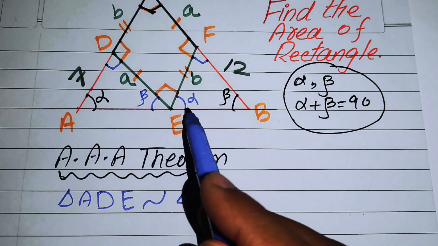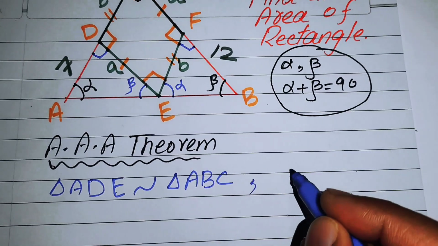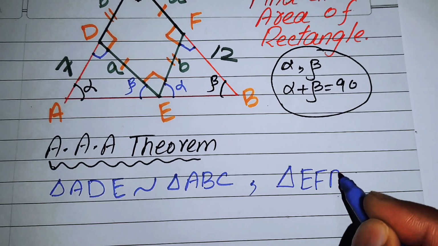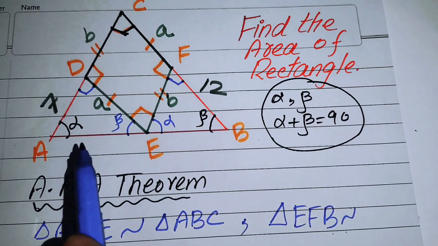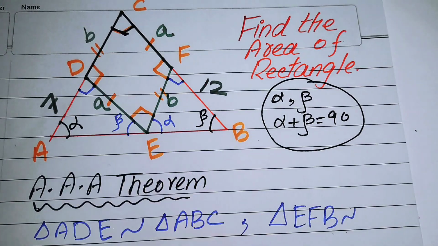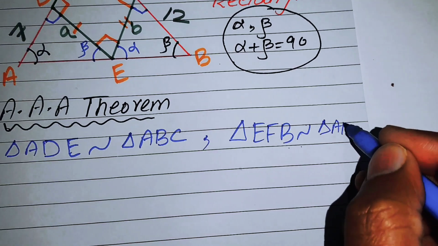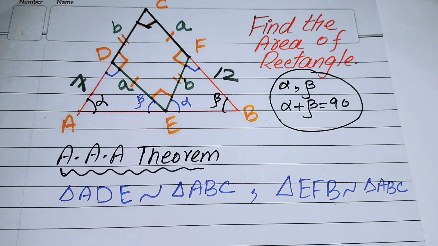So the smaller triangle EFB is similar to the big triangle ABC.